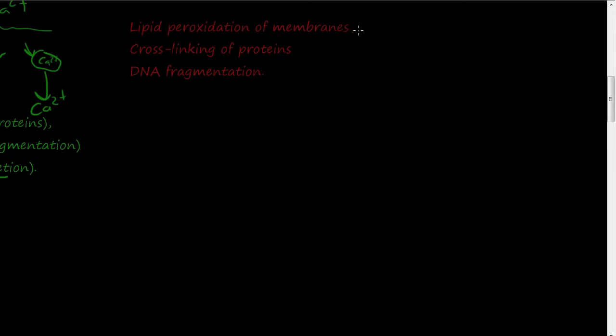So lipid peroxidation of membranes is this. Inside you have a lipid bilayer, right? I'll just do this. This is a cell membrane. It's a bilayer, two layers, and they're made of lipids.